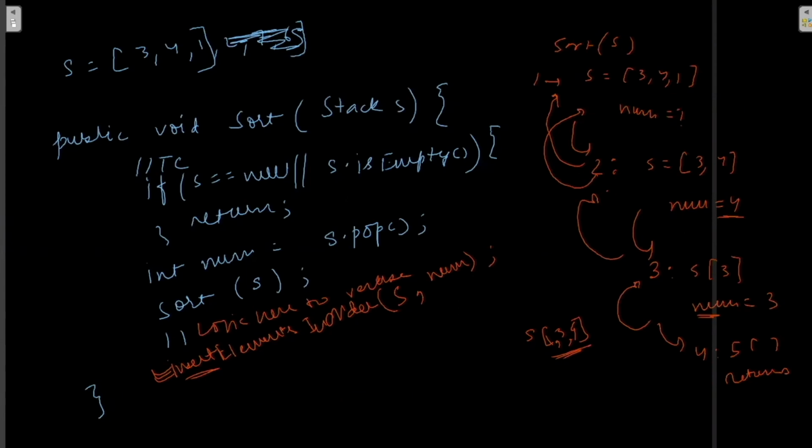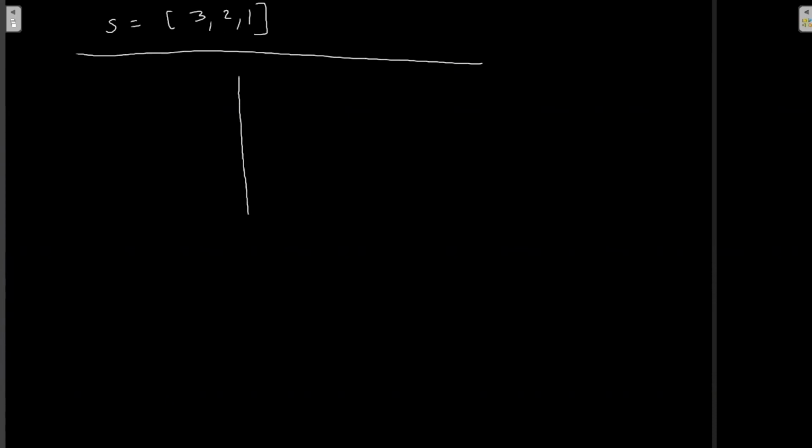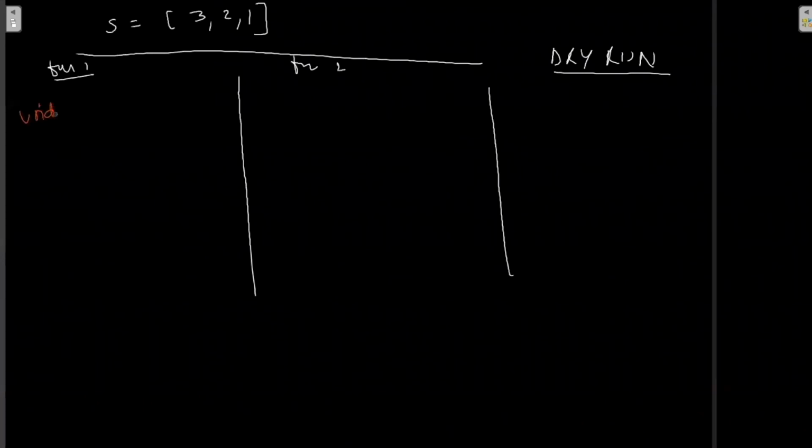Okay, what I'll do is that next I'll just give an array, suppose 3, 2, and 1, and suppose we divide into the 3 sections. So this is a dry run. The first function that I have defined is void, and then suppose sort.